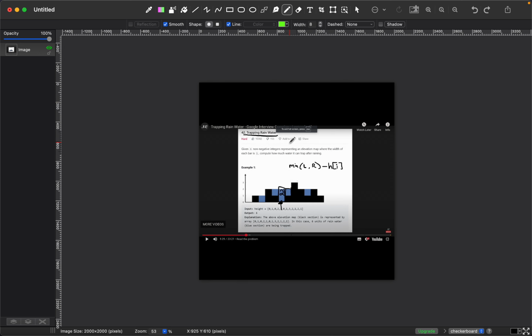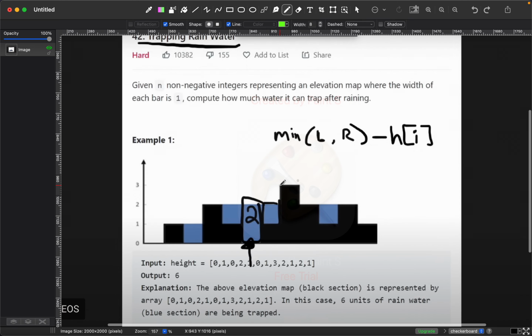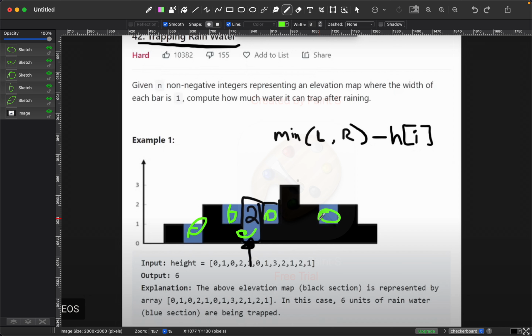The big picture idea is that we want to find how much water we can store in these different barriers that we set.